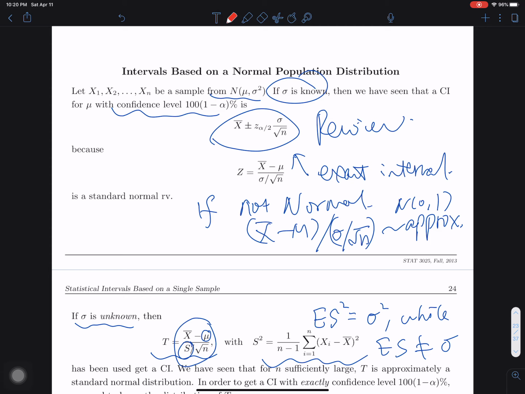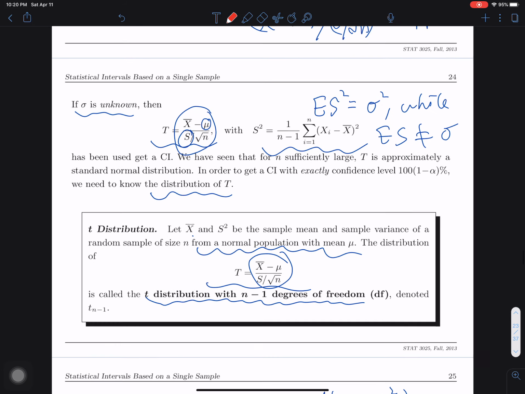Now, let x1 to xn be a sample from a normal distribution. However, this time sigma is unknown. We know that if sigma is known, then we have seen that a confidence interval for mu with confidence level 1 minus alpha will be equal to the following, right? Now, what if sigma is unknown?